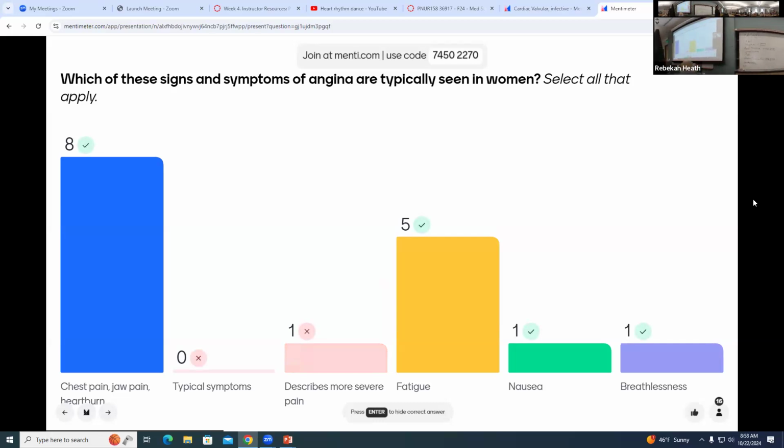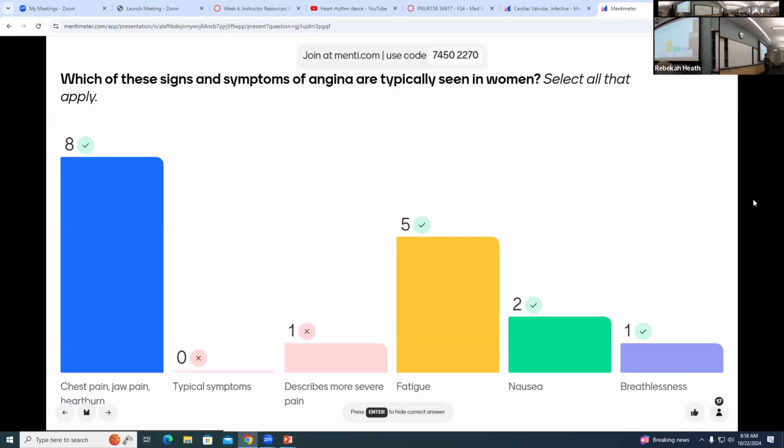We do have the typical signs and symptoms of chest pain, like we might see women that have the jaw radiates. Actually, it's usually the left side that will radiate up the jaw, sometimes down the arm, or sometimes back down the scapula area, and just general chest pain. Women do not usually have severe symptoms. In fact, they don't describe it as being more severe.